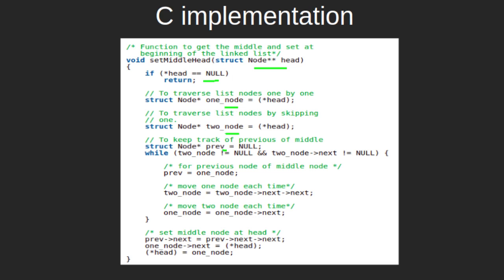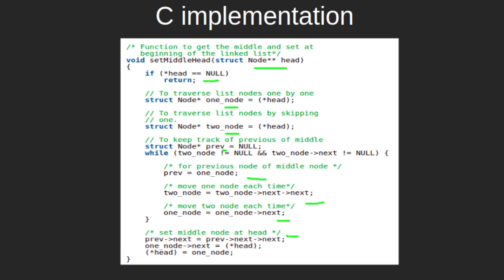1_node and 2_node are initialized with head of the linked list and previous is initialized with null. While traversing the linked list, previous of 1_node is stored in prev, 2_node is moved by 2 nodes and 1_node is moved by 1 node. When whole linked list is traversed, 1_node points on the middle node of the linked list.